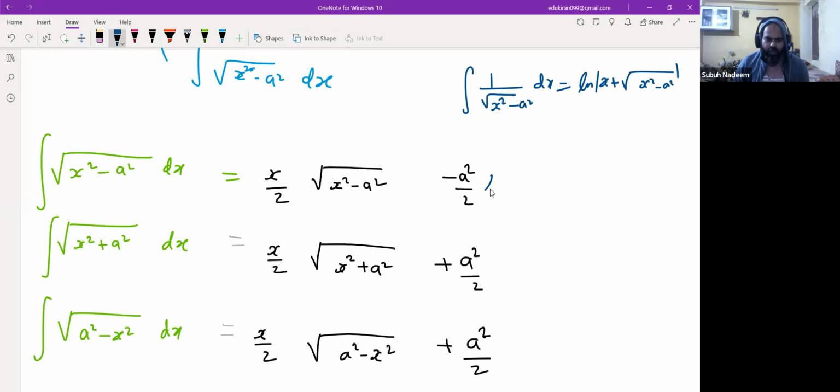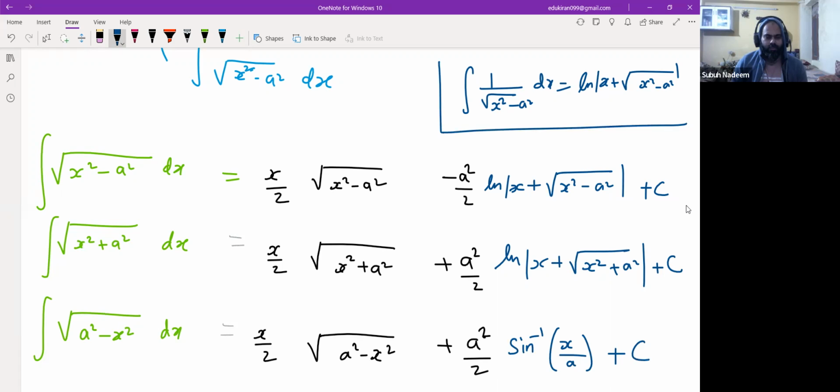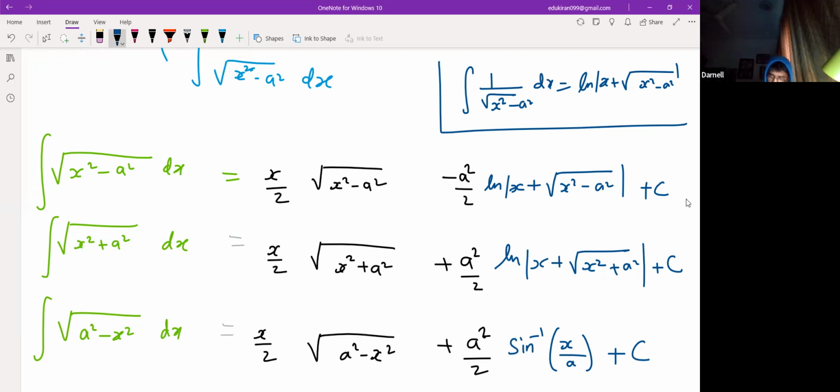So that formula will be applied. If you remember that formula, here also you can put that. Second one, the formula was log of mod of x plus root over x square plus a square. And third one, the formula was sine inverse x by a plus c. Is it okay? Yes. So these three formulas you can remember like this.